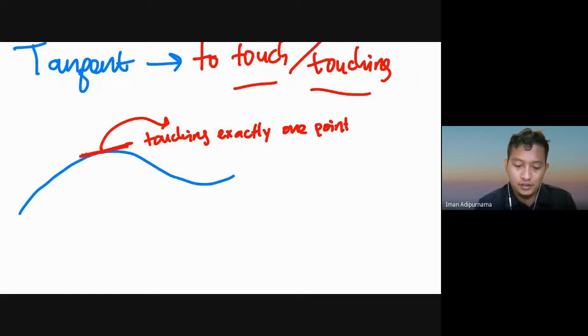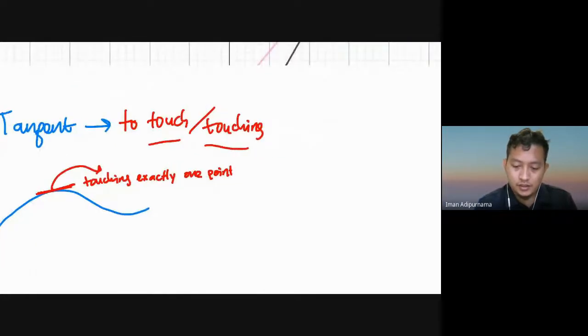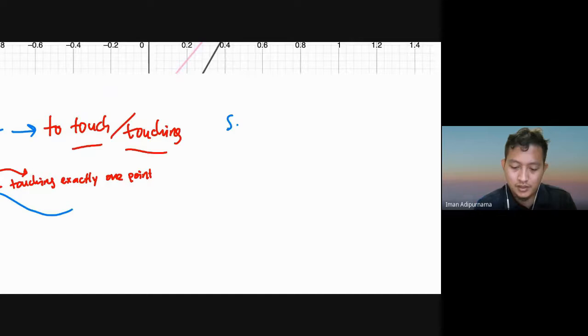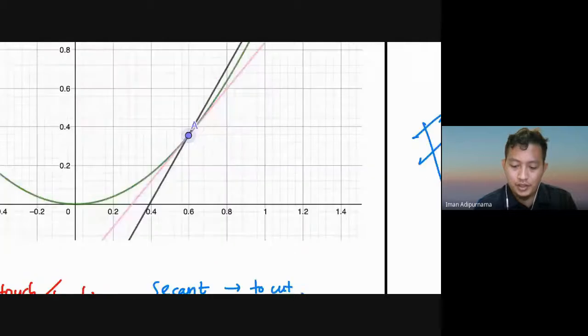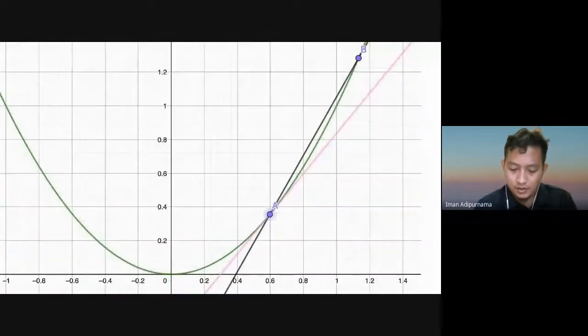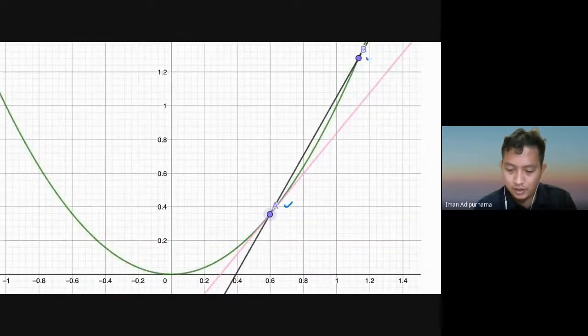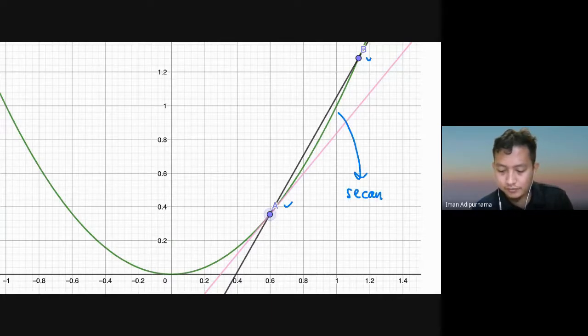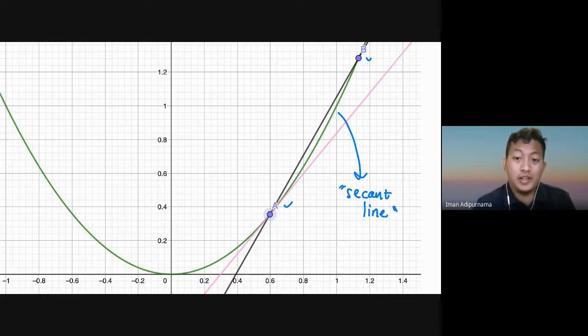Okay, and there's another definition also we call secant. A secant means to cut. So if we see here, this A and B line, this is a secant line. These are some terms that maybe you will find later.